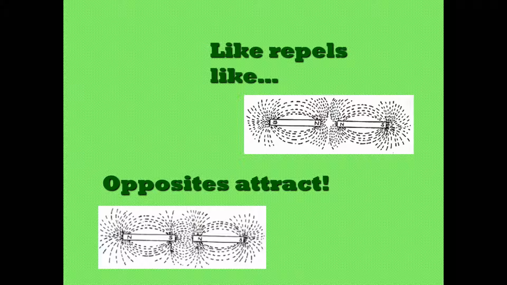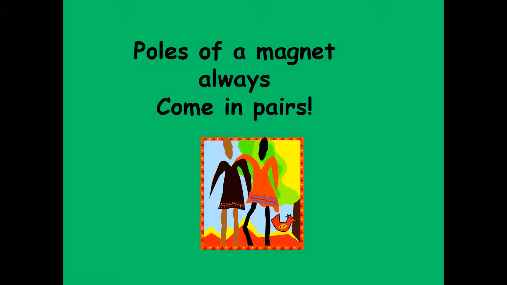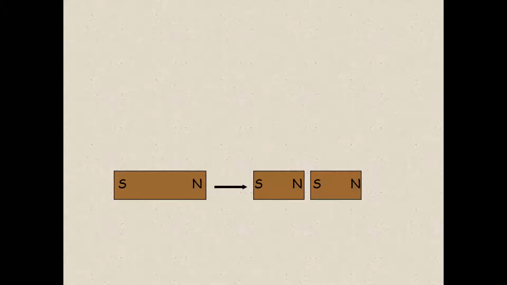In fact, they are trying to get away from each other. So this shows in detail how the magnetic field lines of both magnets are affected when like poles come near each other, or when opposite poles come near each other.